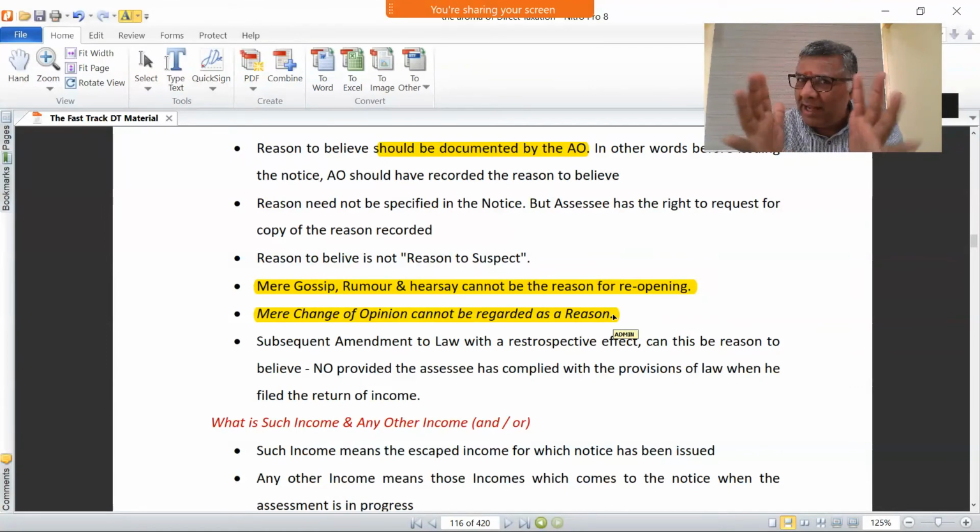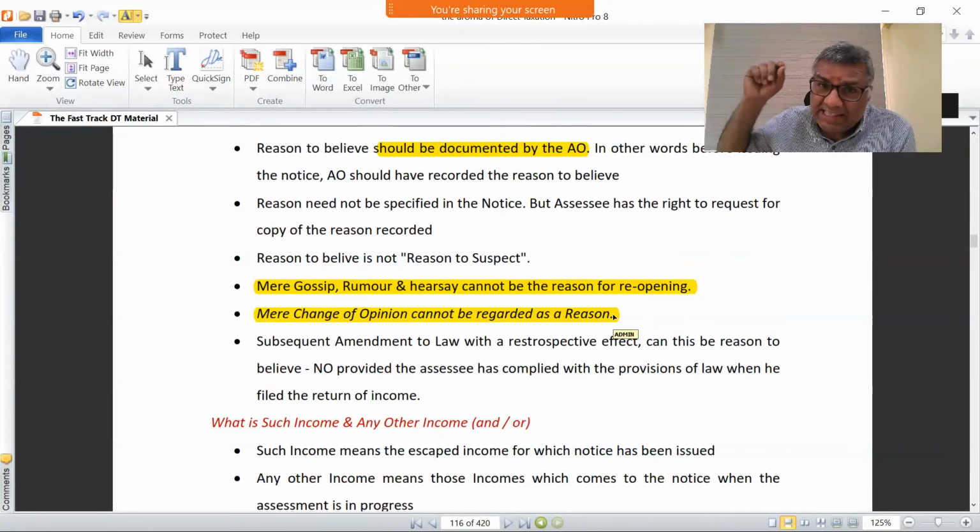Assessee has not held back any information. He has openly given it to you. You are now changing your opinion. Mere change of opinion cannot be treated as reason to believe.